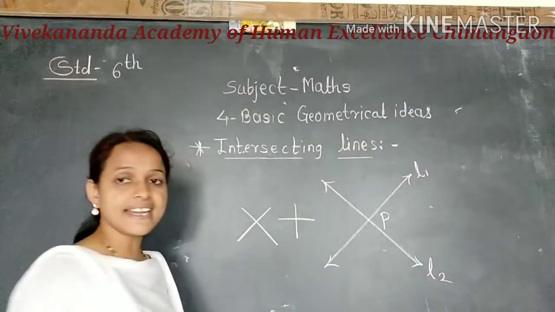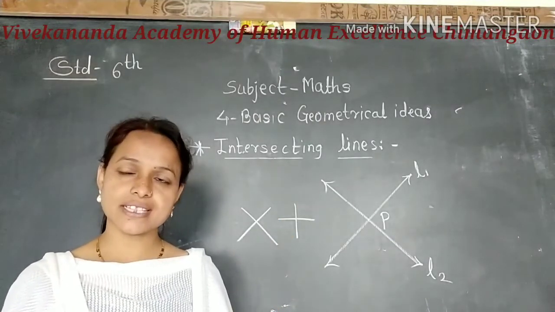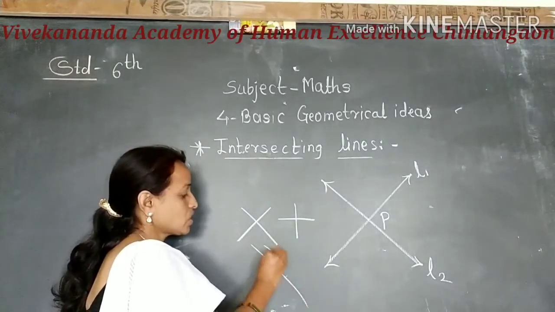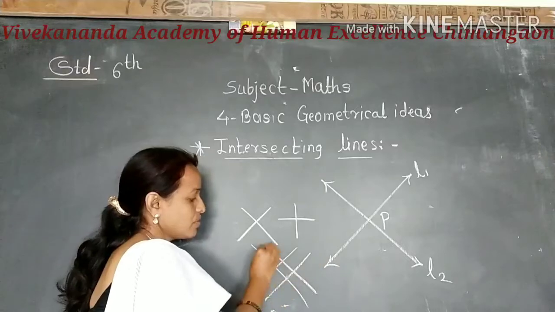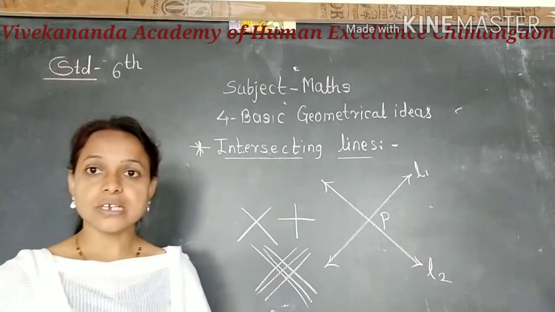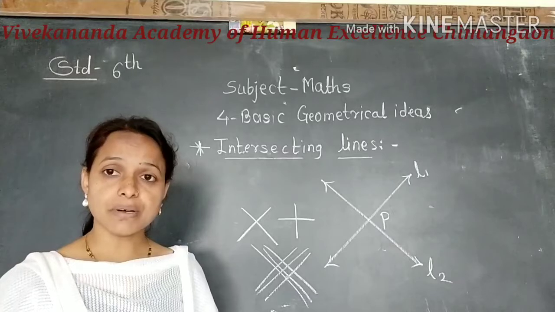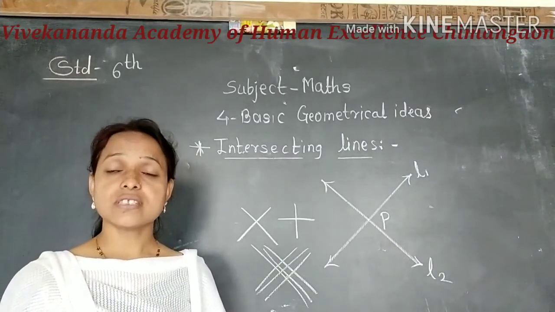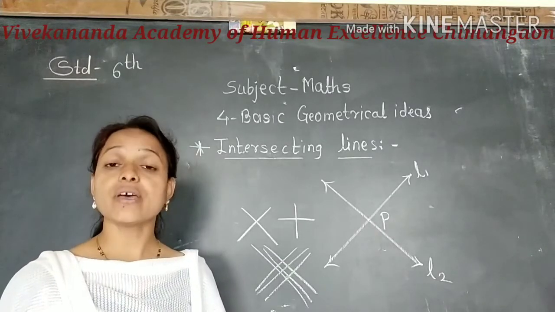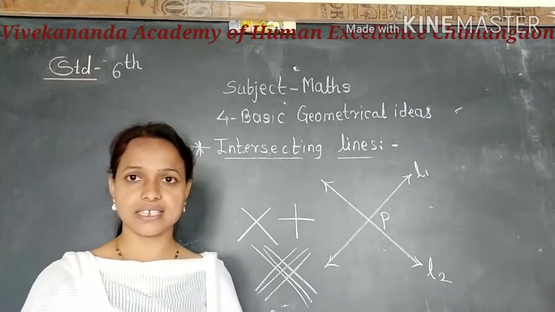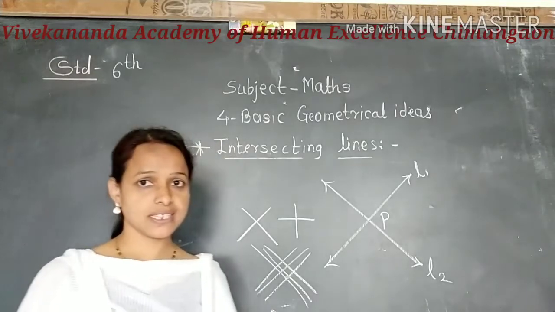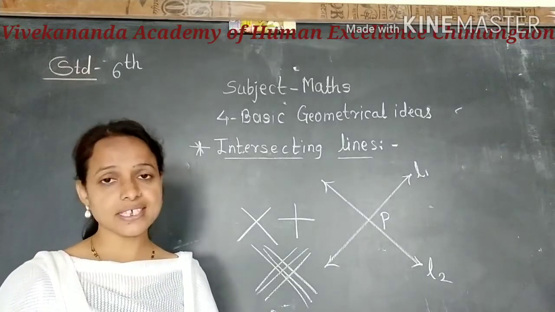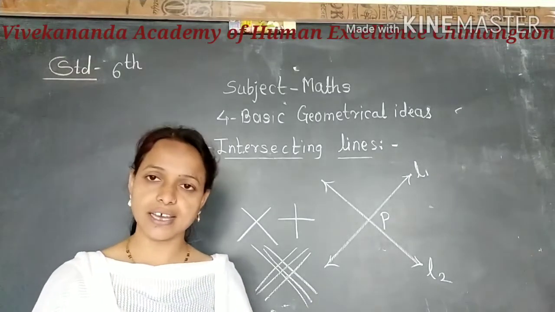As well as the addition sign, this is also an example of intersecting lines. Also you have seen two roads which cross each other. So this is also an example of intersecting lines. Daily you have seen around us so many examples of pairs of intersecting lines. Once again, if two lines have one common point, then we say that these lines are intersecting lines.